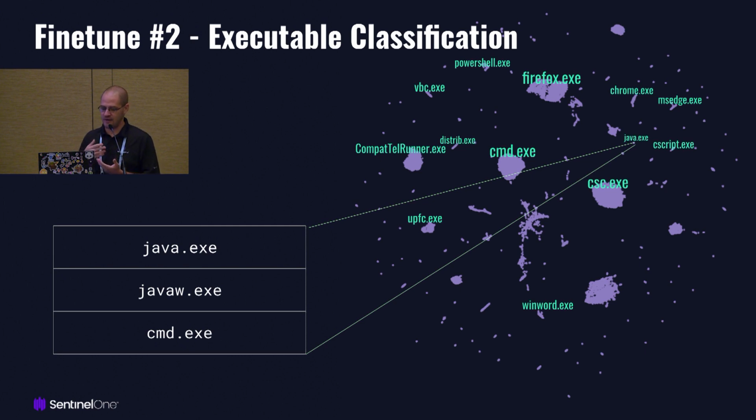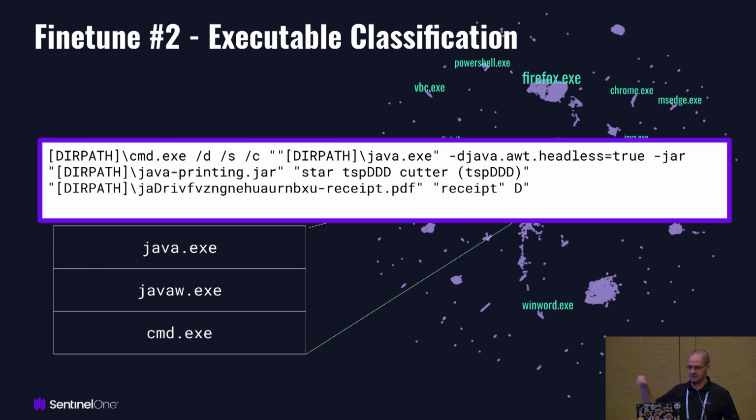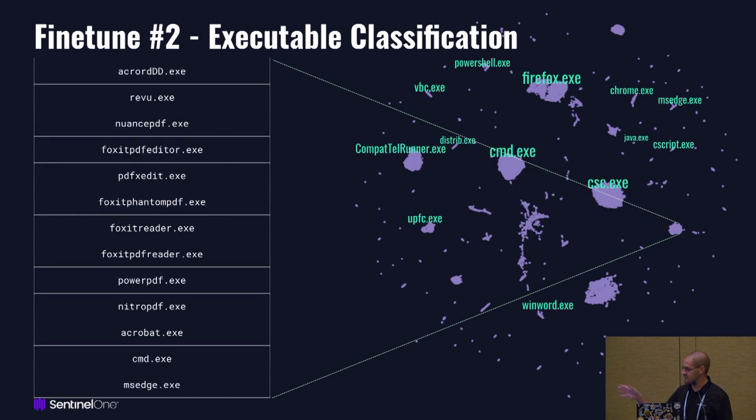You can try and use this model to see a new command line that fell inside one of these clusters, to try and predict, okay, this cmd.exe did something that we know is maybe executing Java. And the last example here, as you can see, this big giant cluster is full of different PDF readers.